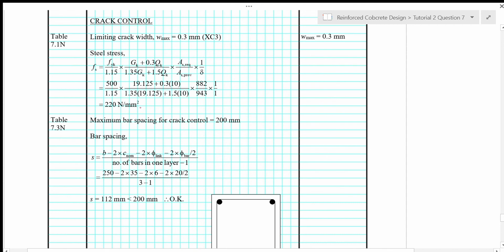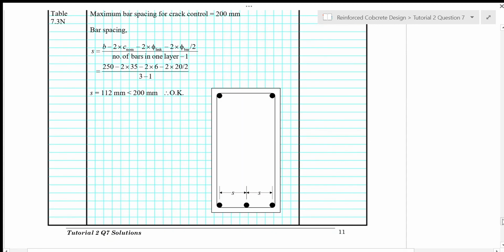So referring to table 7.3N, for steel stress of 240 Newton per square millimeter or less, the maximum bar spacing for crack control is 200 mm. So the bar spacing from our design is 3 bars here. So the bar spacing is 112 mm. So this is less than 200 mm.